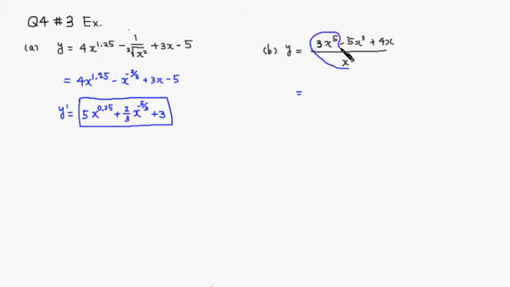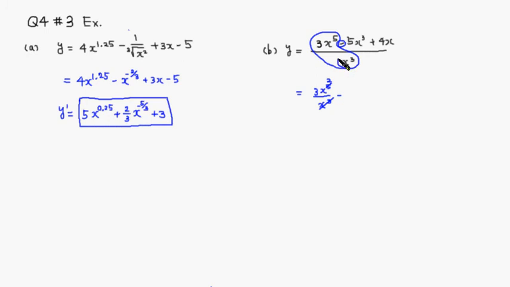The first part would be 3x to the 5th over x cubed. We can simplify it. The x cubed cancels out, so x to the 5th turns into x squared. Then you have a negative sign here, so I put the negative sign here.